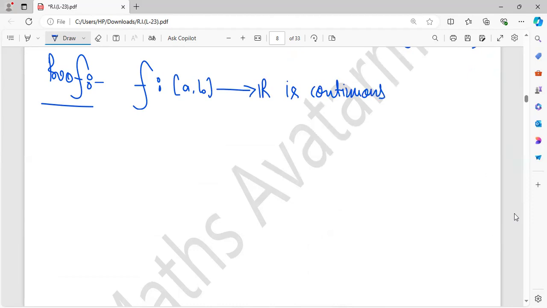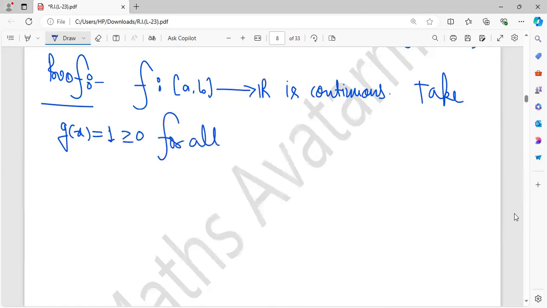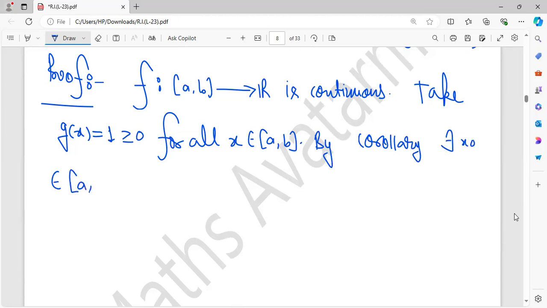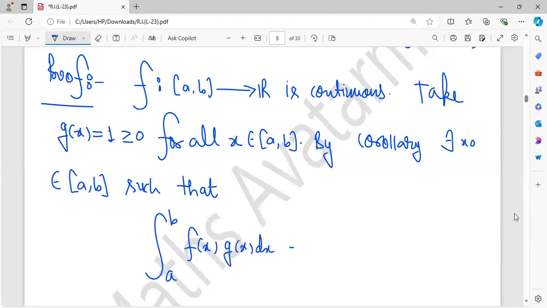Take g(x) equal to 1, that is greater than or equal to 0, for all x belongs to closed interval [a, b]. By the corollary, there exists x0 belongs to closed interval [a, b] such that the integral from a to b of f(x)g(x) dx is equal to f(x0) times the integral from a to b of g(x) dx.